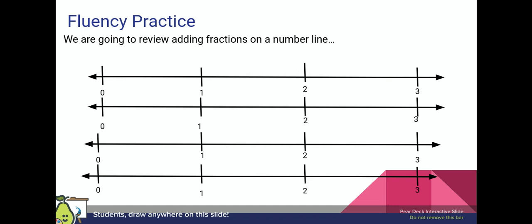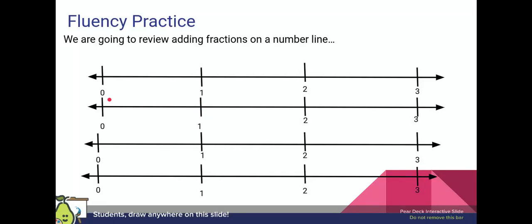Now we're going to go to our next number line and we're going to work with fifths. It's very important to make sure that you can divide your number line into fifths. So remember, every interval from 0 to 1, then again from 1 to 2, and then again from 2 to 3 should be broken into fifths. So 0 would be 0/5, then you would have 1/5, 2/5, 3/5, 4/5, and 5/5.